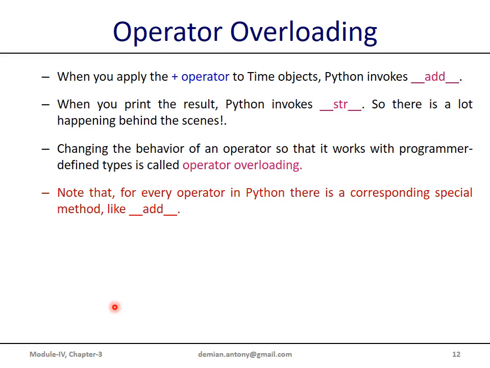Note that for every operator in Python, there is a corresponding special method defined. For example, for add, it is double underscore add double underscore. For subtract, double underscore sub double underscore, and so on, for multiplication and division and even other operators.